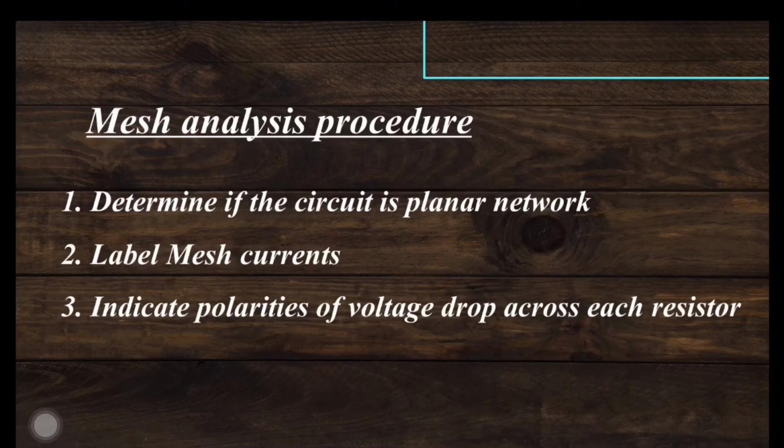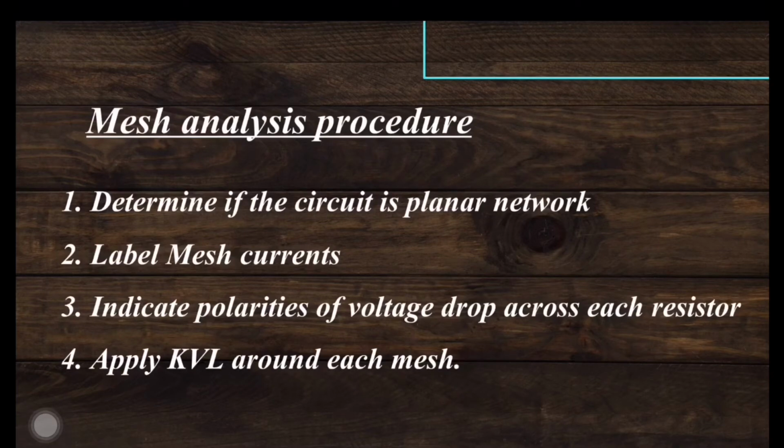It should be marked according to the direction of assumed mesh currents. Finally, apply KVL in each mesh. As you know, KVL can be applied either in the clockwise direction or in the anti-clockwise direction. It is better to apply KVL in the direction of assumed mesh current. It will help to simplify mathematical analysis.